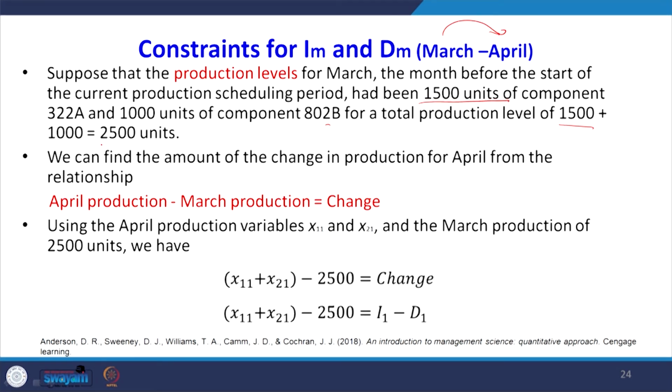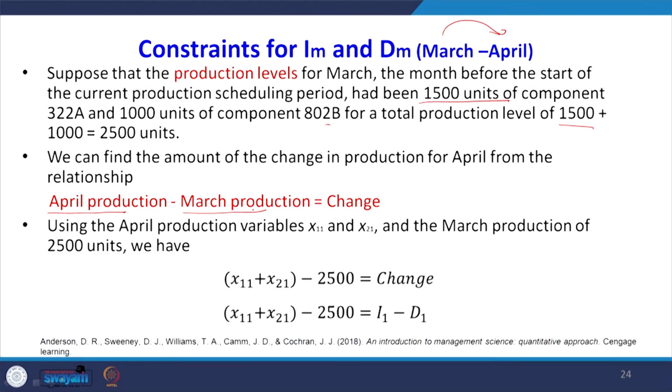Okay. We can find the amount of change in production for April from the following relationship. The first one is April month production and the other is the previous month production, and the difference is the change.